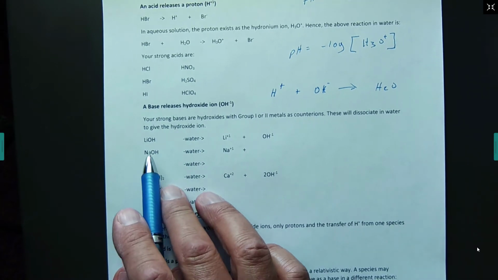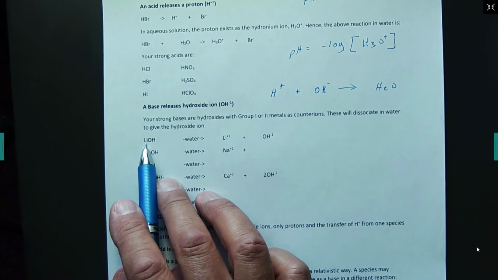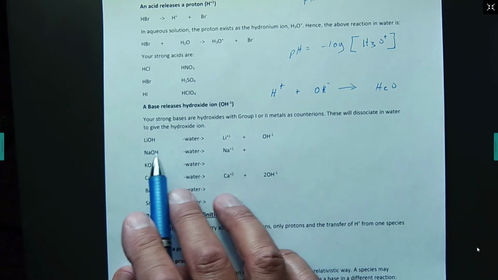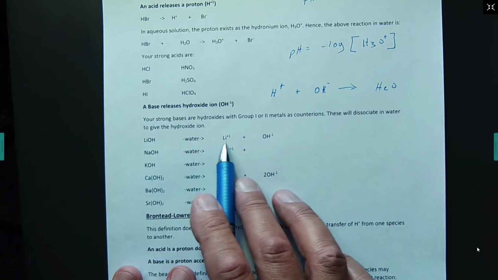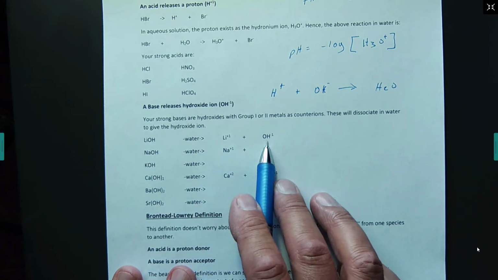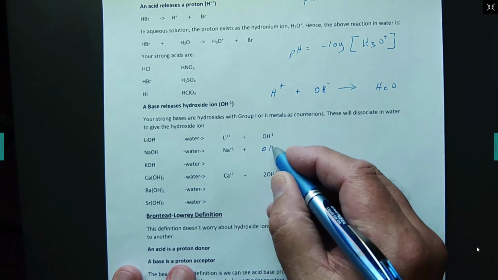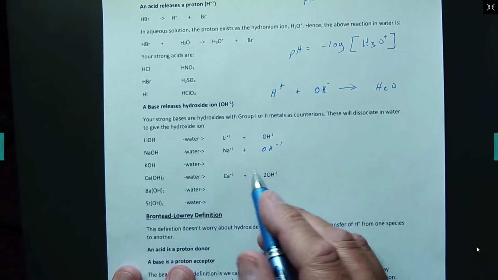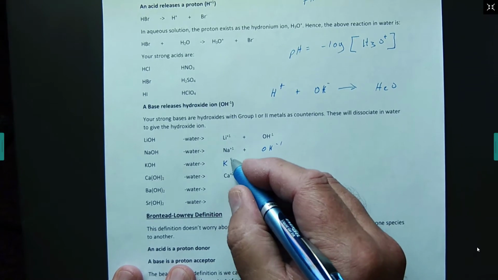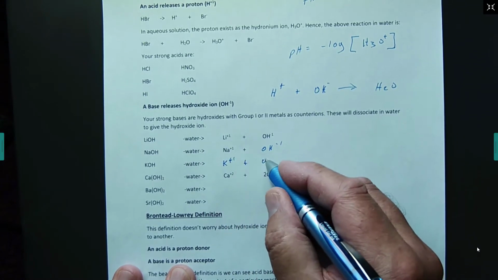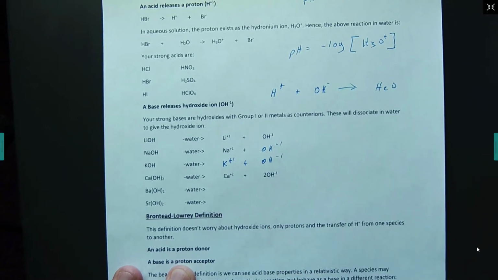They're ionic compounds where the metal carries the positive charge. The hydroxide ion, OH, carries the negative. So you take lithium hydroxide, dissolve it in water, boom, spits out hydroxide. Sodium hydroxide, dissolve it in water, it's going to spit out hydroxide. Potassium hydroxide in water will give you K plus 1 and your OH minus 1.